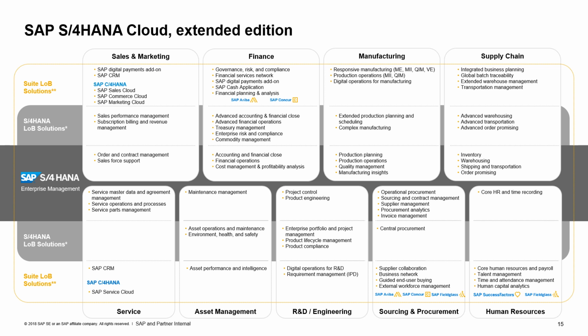In the middle, we have SAP S4HANA Enterprise Management, which is the core for Extended Edition. On top of this, you're able to add line of business solutions across sales and marketing, finance, manufacturing, and supply chain, service, asset management, R&D and engineering, and sourcing and procurement, and human resources.